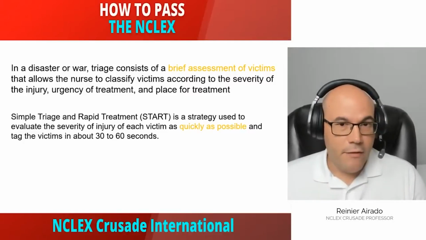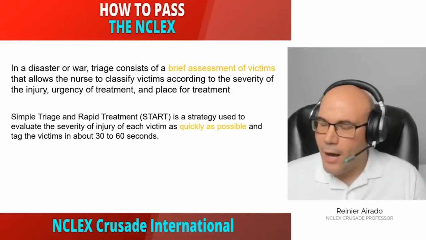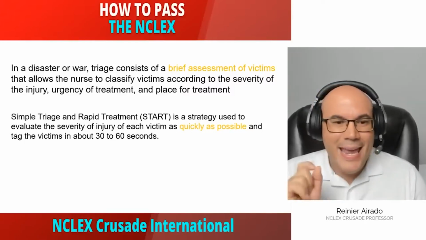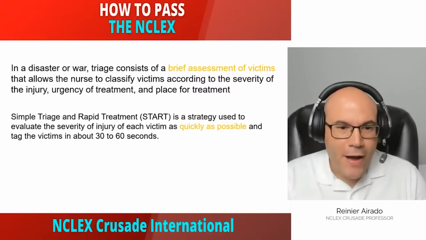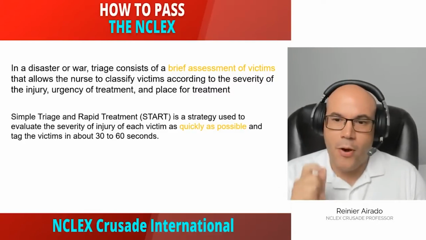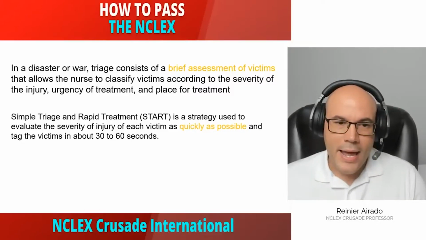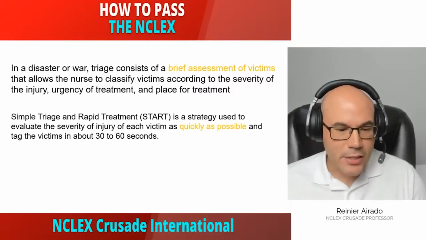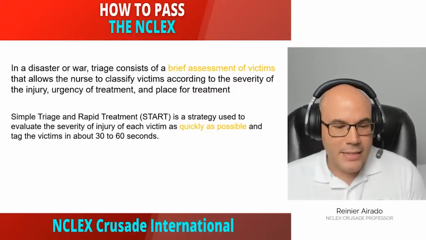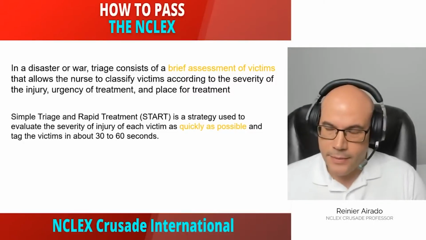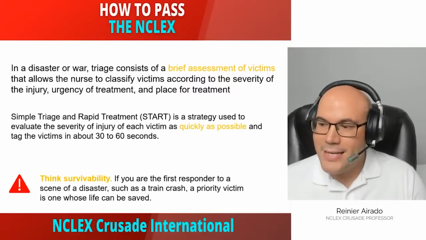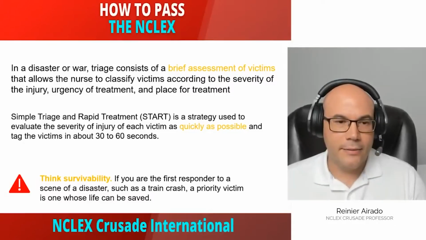And you have to do something to start helping these victims. Now, what is the key factor to prioritize whenever there is a disaster or a mass casualty event? The priority is survivability.